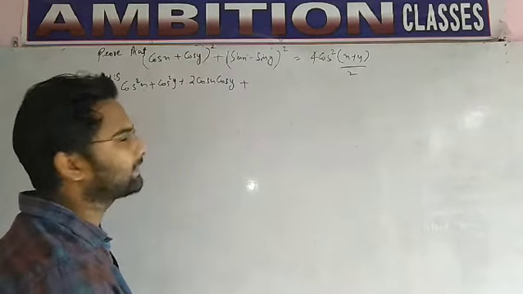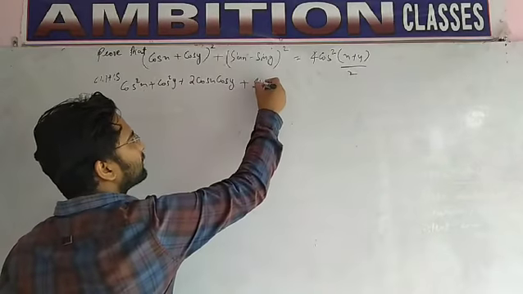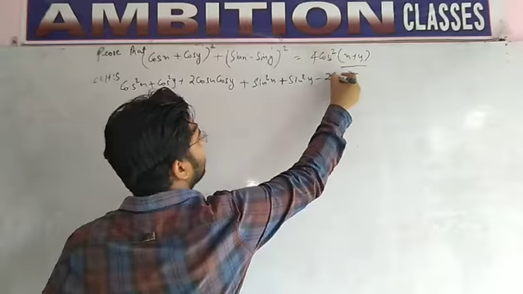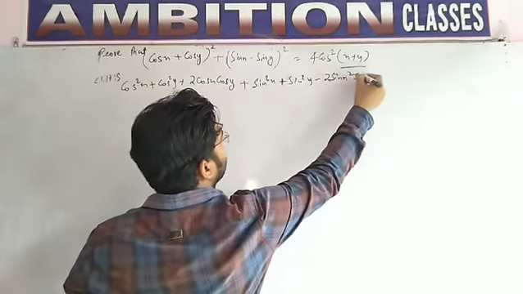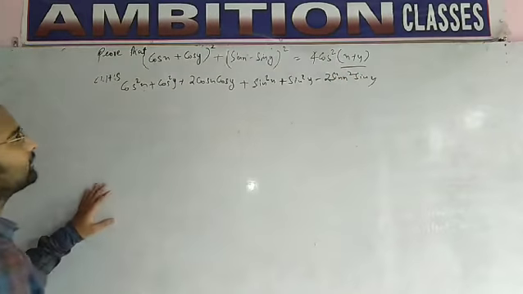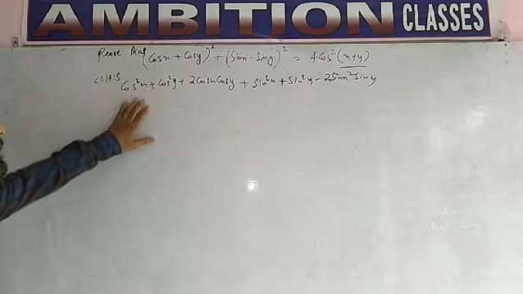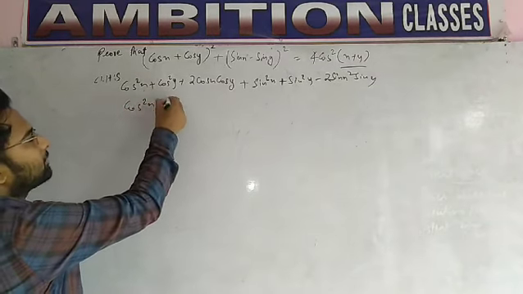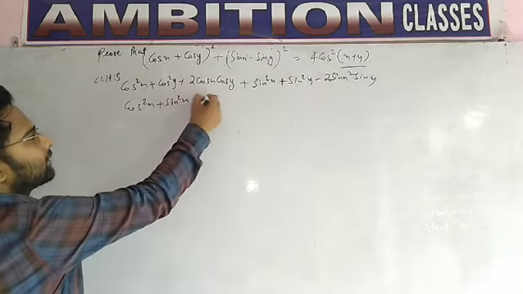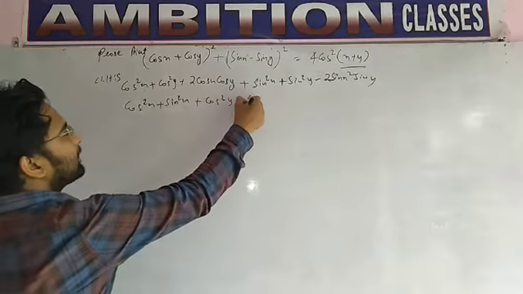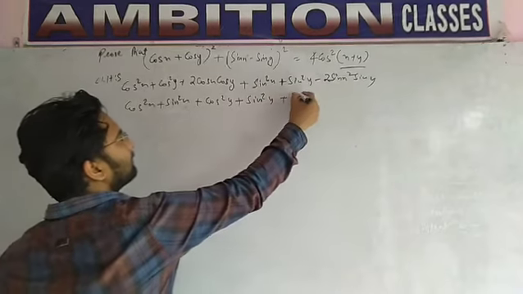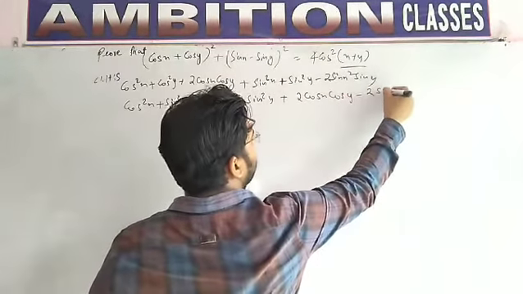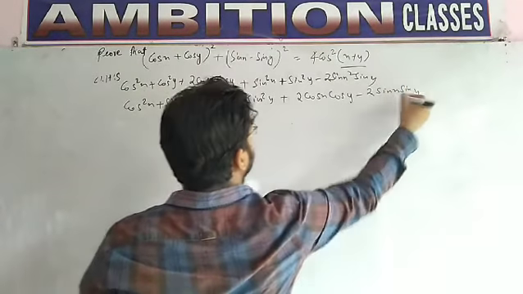Now for sin x minus sin y we can expand: sin square x plus sin square y minus 2 sin x into sin y. Okay, students, now let's see what is happening here. We will take cos square x plus sin square x, cos square y plus sin square y, plus 2 cos x into cos y minus 2 sin x into sin y.